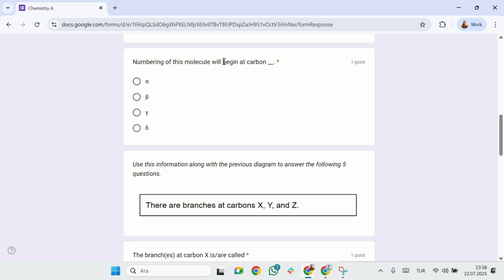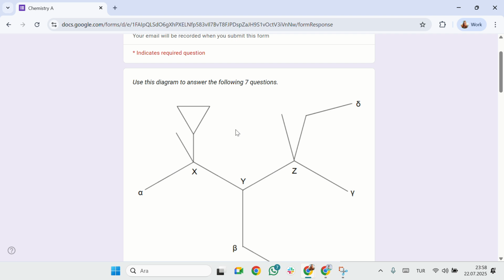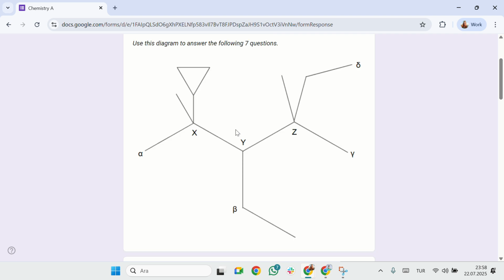Numbering of this molecule will begin at carbon blah blah. Numbering of this molecule. Oh, I don't know what to do about it. Let's see.